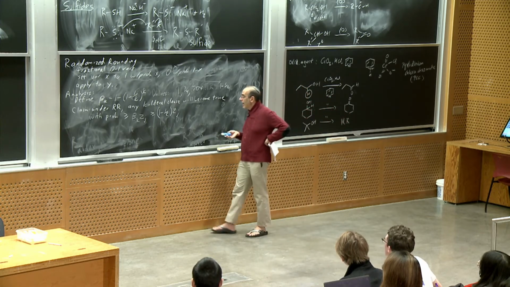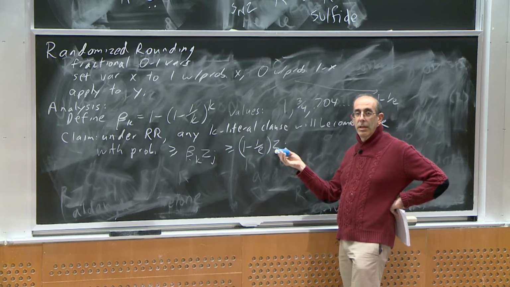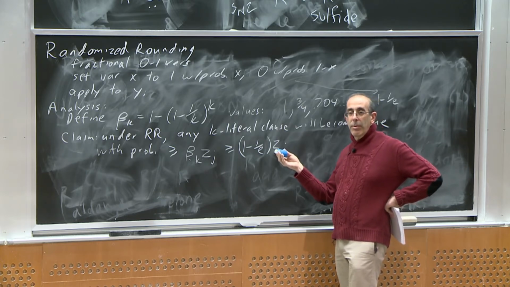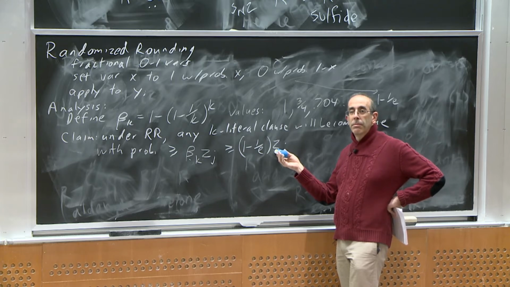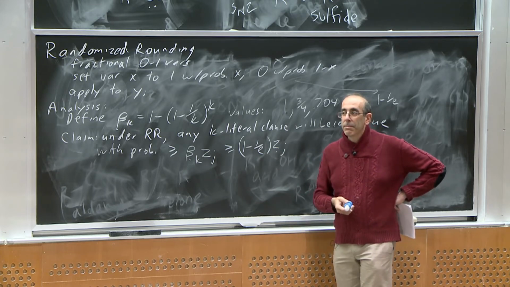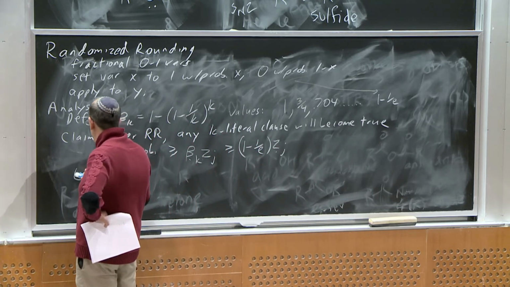Yeah? The expectation is 1 minus 1 over e times whatever the sum used to be. Exactly.